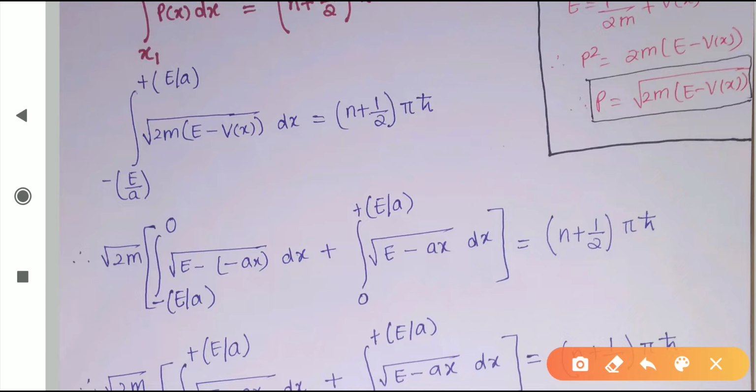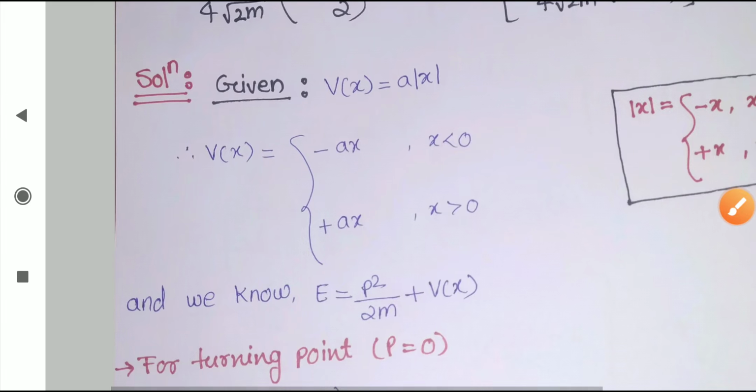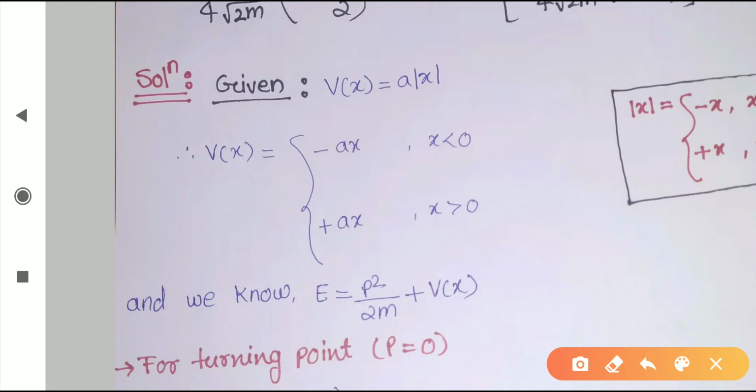So now as you can see here, we have this potential for x less than 0, and this potential for x greater than 0. Okay, now let's see. Either for this or this, according to magnitude, we have the same value of potential.